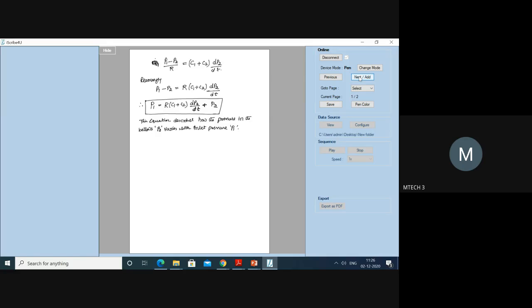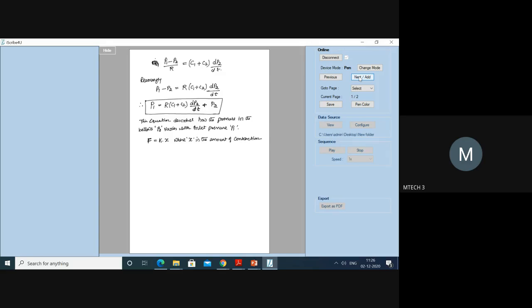Bellows is a form of spring, and hence F is equal to K into X, where X is the amount of contraction.